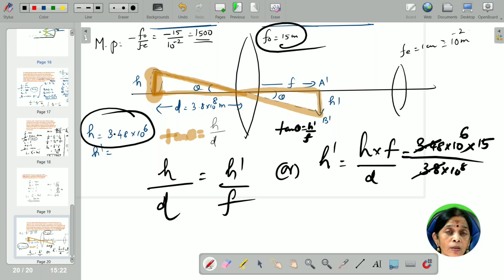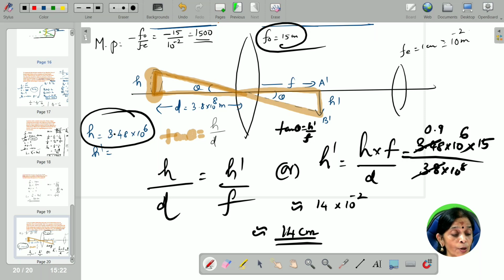Approximately how much you get? So for example, you get 0.9 or 0.85. So 15 into 0.9, that is approximately equal to 14 into 10 power minus 2, or you can say 14 centimeter approximately.